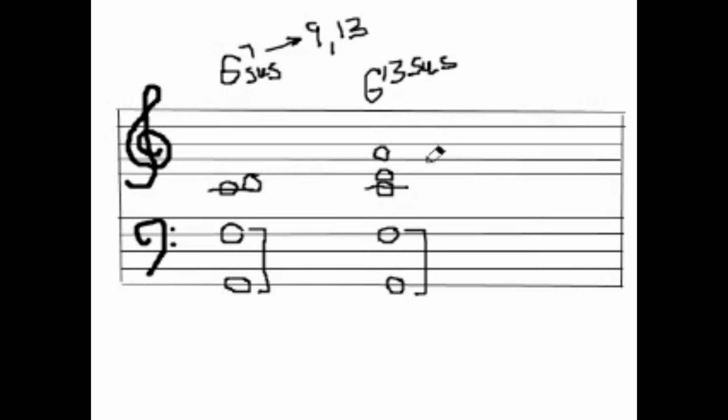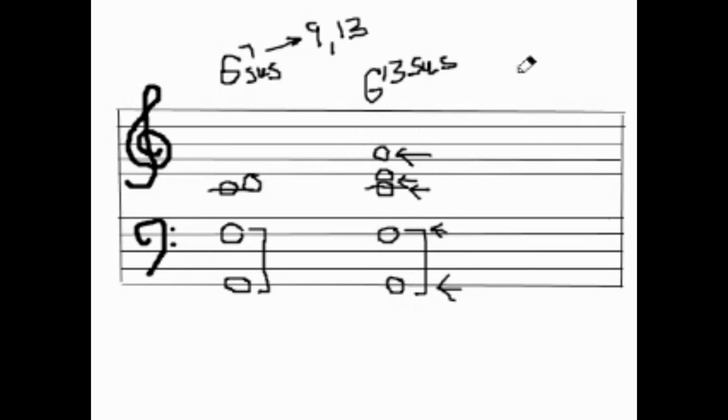Let's say the trumpet player was right here, alto, tenor, trombone, and bari sax. Something along those lines. That would be a good G13 sus voicing with A in the melody. Now we can certainly revoice this, generally keeping that there. That's kind of our foundation. But we can move it around.